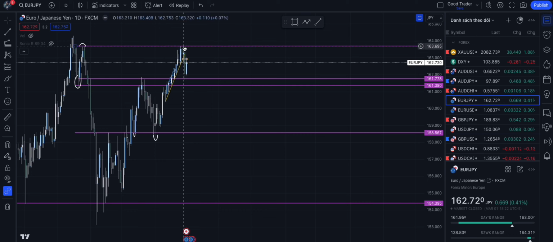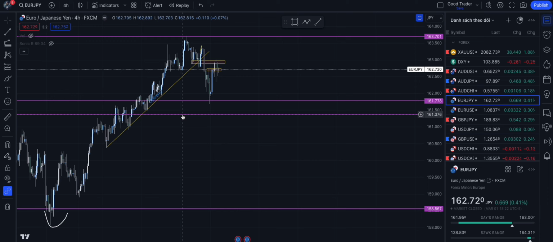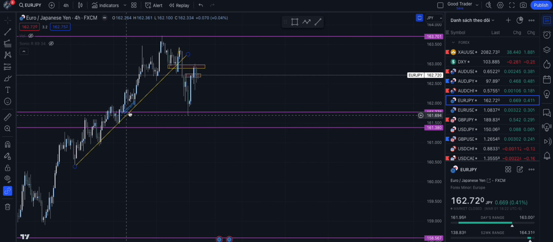So you can see that it's been rejected, and then it reversed a little bit, but it hasn't been confirmed a bearish trend movement. But I believe there will be selling or shorting opportunities because when I zoom to the lower time frame on the H4, I can see there's an uptrend over here in the recent point. So the lows are getting higher.